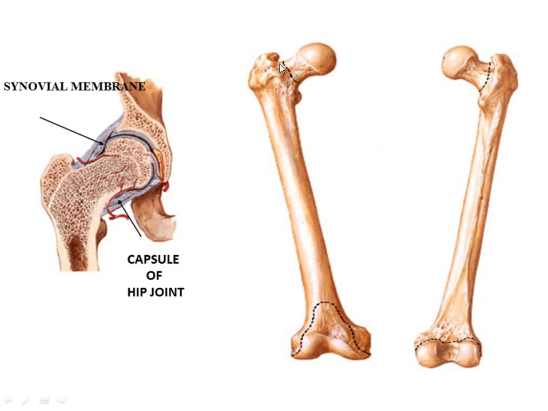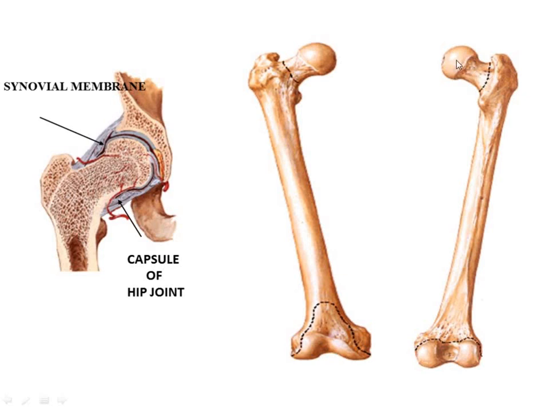Anteriorly, the fibrous capsule is attached to the intertrochanteric line between the greater and lesser trochanters. Posteriorly, this is the intertrochanteric crest between the lesser and greater trochanters. It does not reach this crest, but attaches to the margin of the neck of the femur.